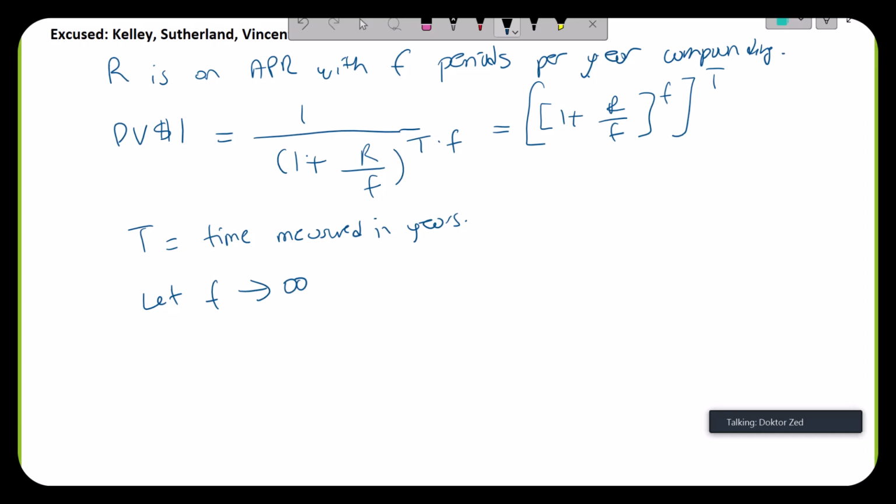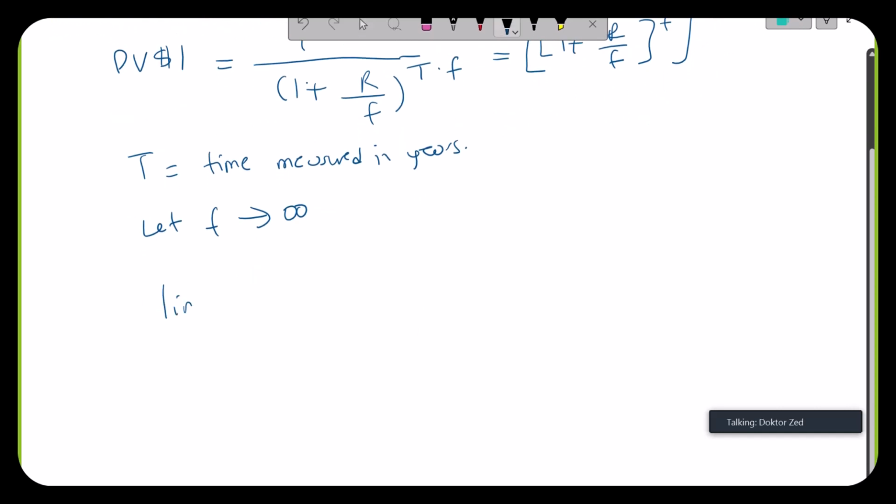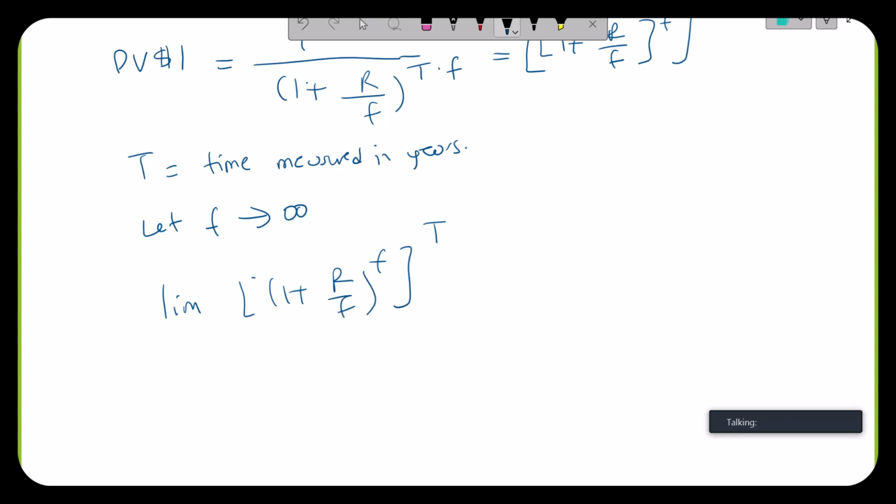Basically, I'm compounding every single millisecond and even finer than that. So the limit of 1 plus r over f raised to the power f t as f goes to infinity is actually e to the power rt.